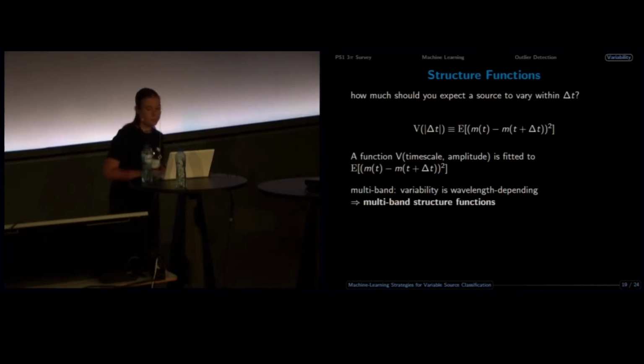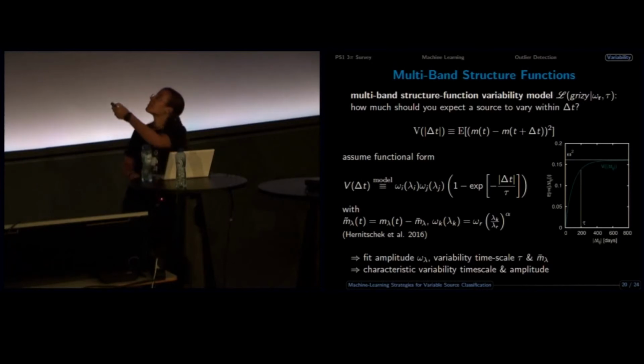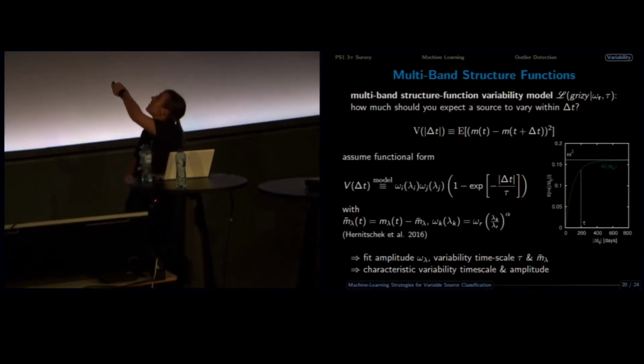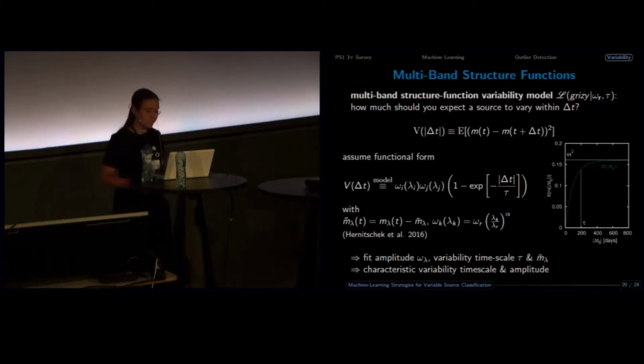Here is a bit of mathematics describing that a structure function is basically something that has to do with our expectation value and how a light curve might look. Here the alpha describes the wavelength-dependent part of our function. We then fit an amplitude and a variability timescale to our data, and get a characteristic variability timescale and amplitude for each object.